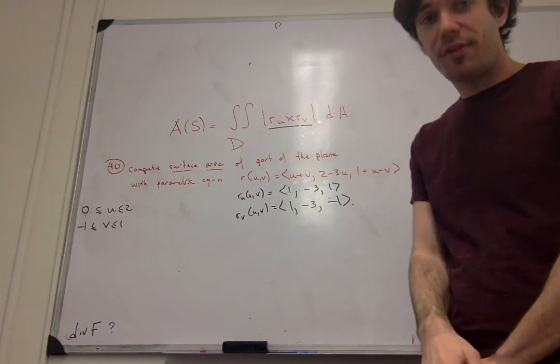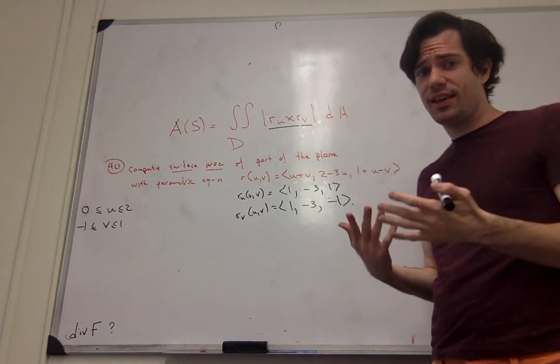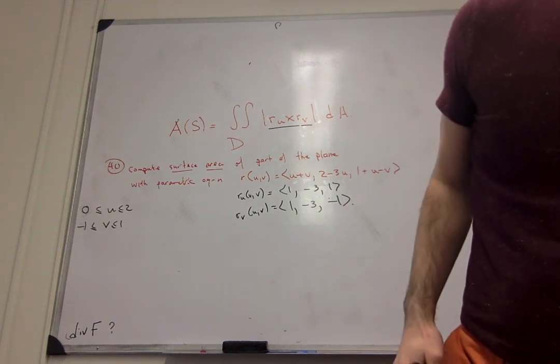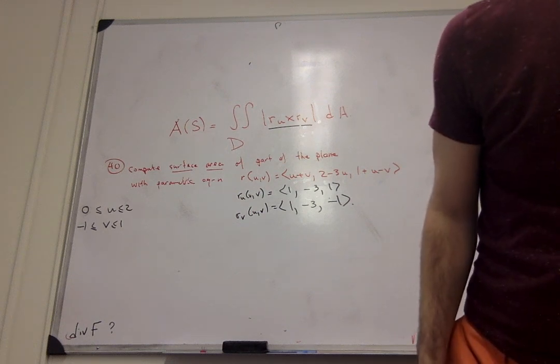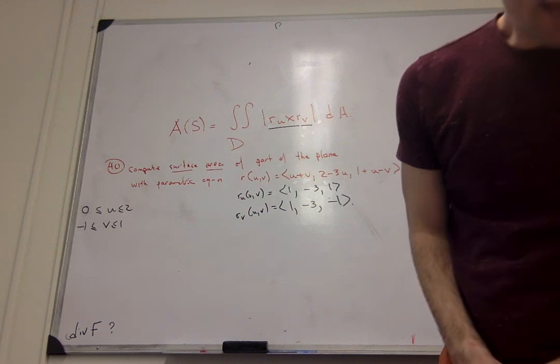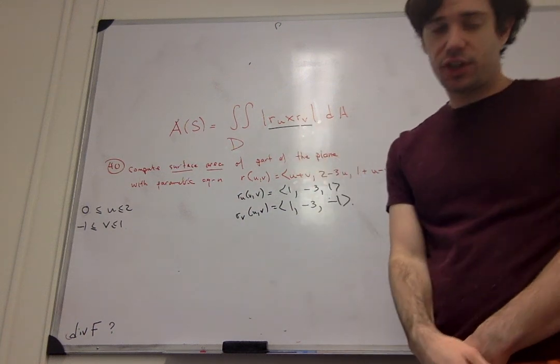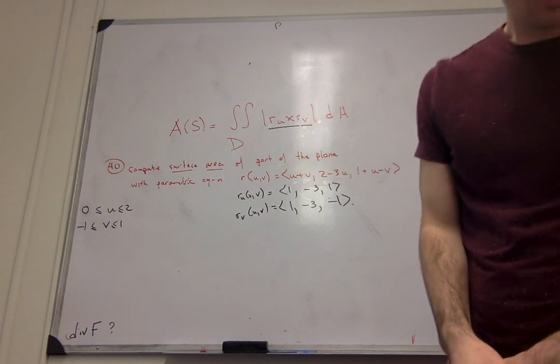It's smooth everywhere, so that's nice. That means that the tangent planes are well defined at every point. So it actually turns out that in order for you to even do this calculation, you need to have a smooth surface.